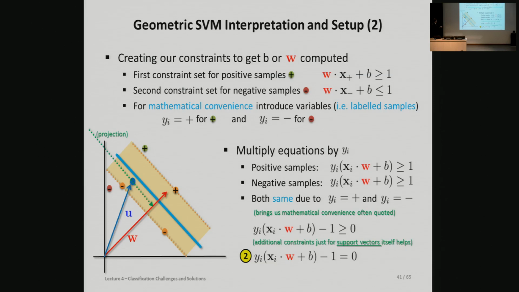X is a constant, that is something we have in our data set. And that's how we create these. And we don't want to carry around always these two rules, which is a little bit complicated. You could just use our labels and say again, yi for the positive examples, like we did yesterday in the perceptron, are positive, and yi are minus for the negative examples.